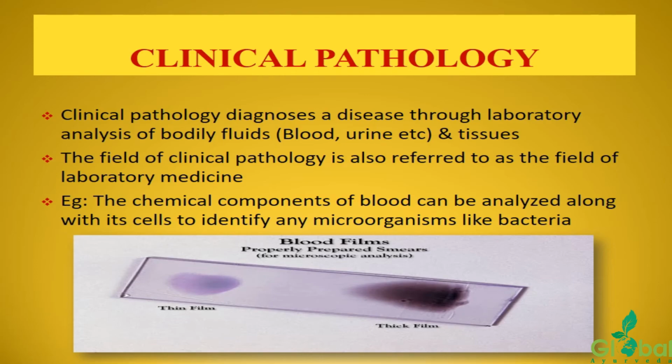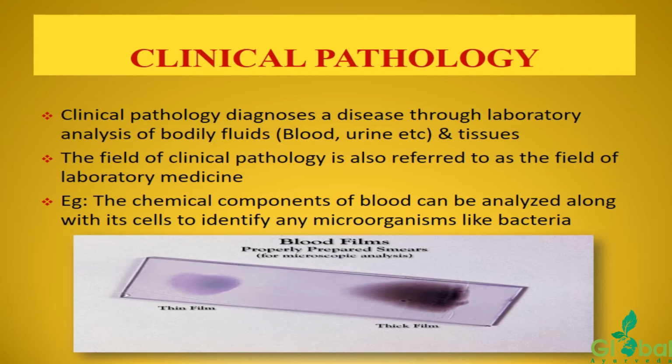Along with that, we find out whether any microorganisms are present, like bacteria. So we make a thin film over a glass slide and go for further microscopic analysis. We prepare smears, like blood films, and then go for further identification under the microscope.